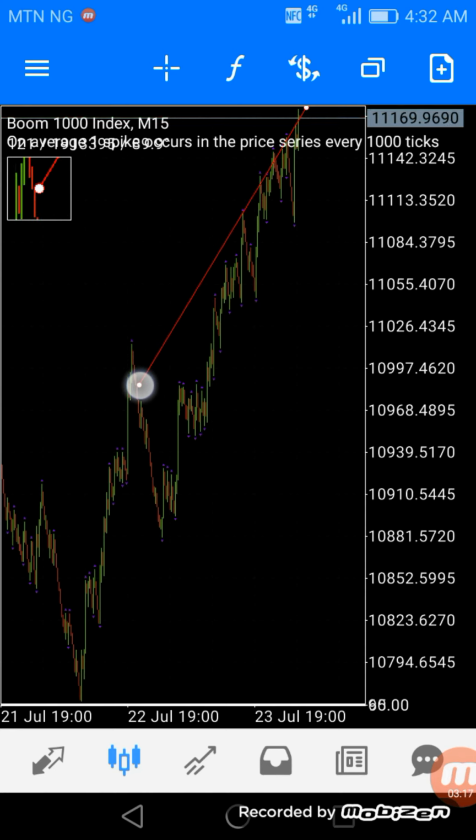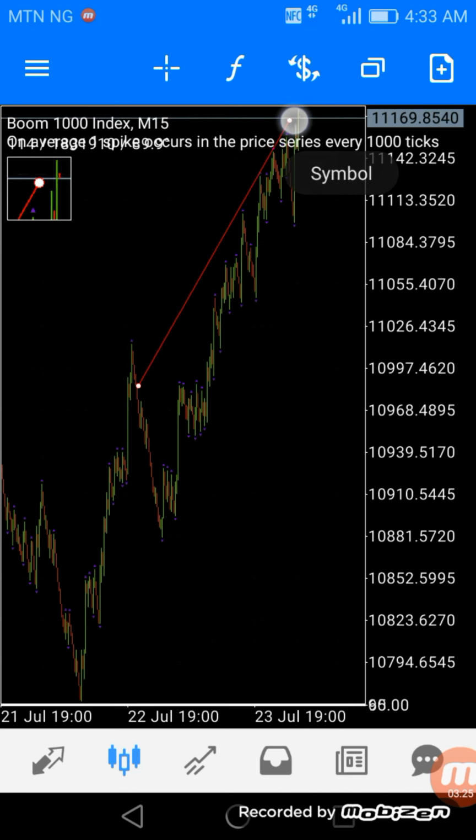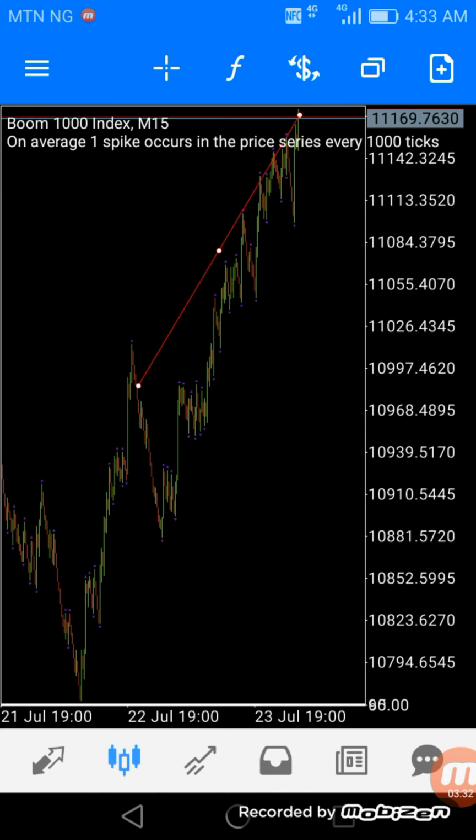All right, this is 15 minutes time frame, and then remember that you must zoom out completely this way. This is zooming out now. Okay, when you zoom out, you have the tiniest picture of the market. Don't forget I'm using my mobile phone to do this.